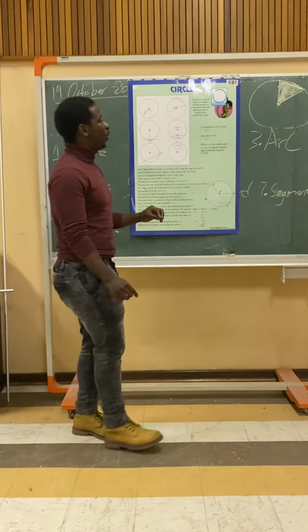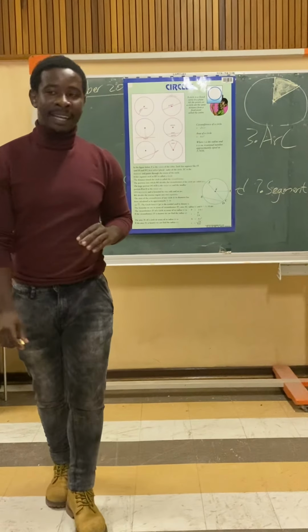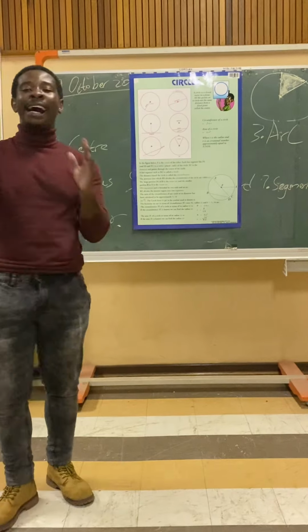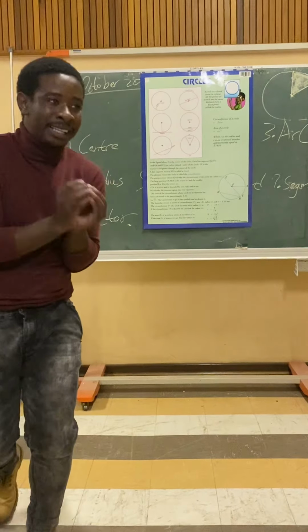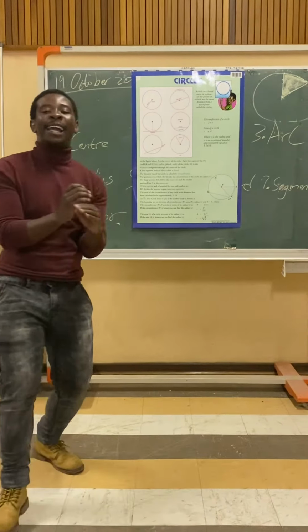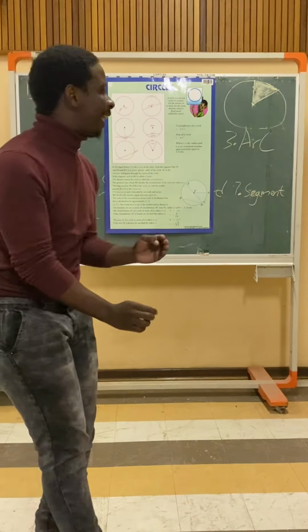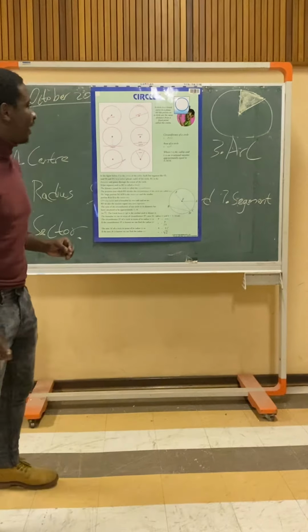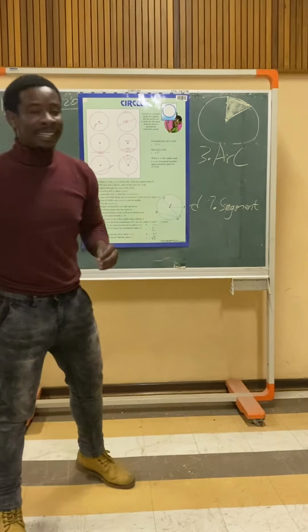What is a major arc? A major arc takes up more than half of the circumference. Then a minor arc takes up less than half of the circumference.